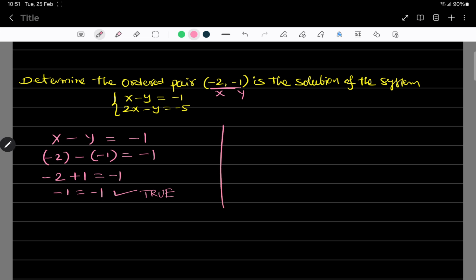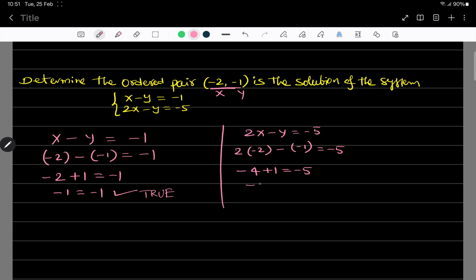Now similarly check the second equation, 2x minus y is equal to minus 5. Again in place of x use minus 2, in place of y use minus 1, equal to minus 5. So 2 into minus 2 is minus 4, minus into minus 1 is plus 1.